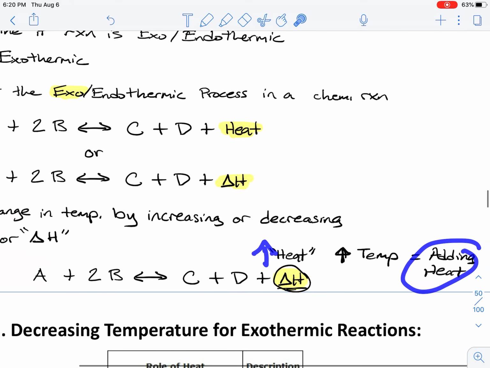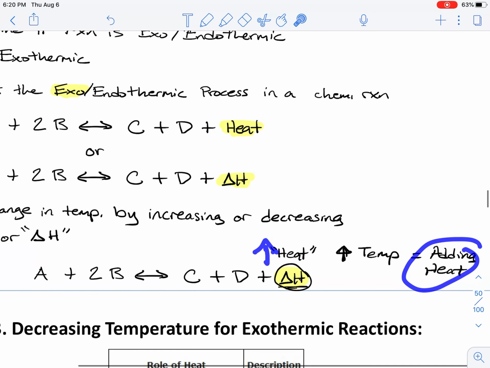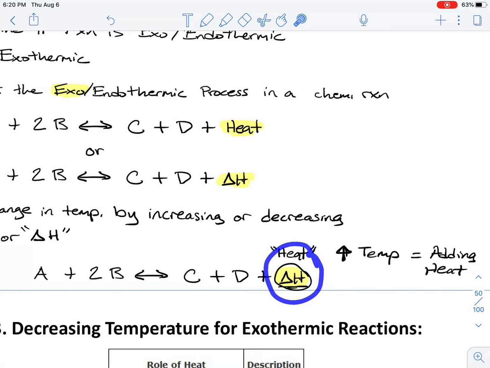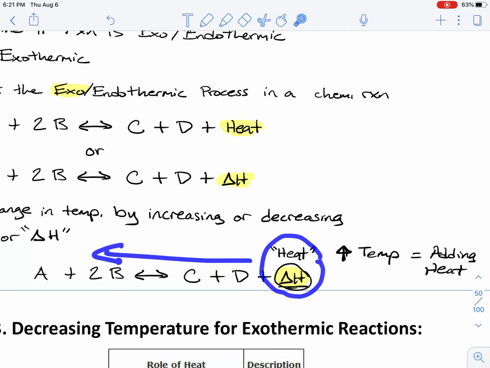And if you guys recall from a couple of lecture videos, when you increase the concentration of a product, Le Chatelier's principle tells us that we're going to have to consume what was added, and therefore the equilibrium will shift in the opposite direction. And so here in this case, since we added heat, it's going to shift to the left.